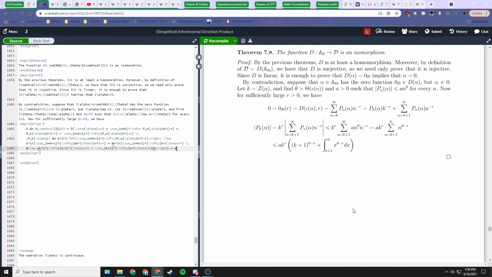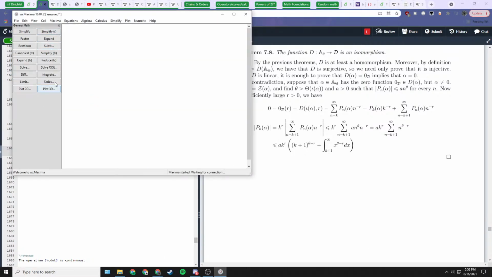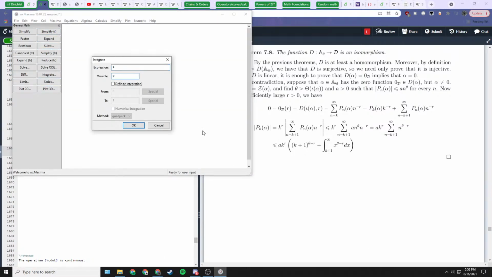So we still have a k power r times k plus 1 power theta minus r, and then we have this integral. So we're going to work this integral out. And actually, I'm just going to make life really easy on myself and do it on the computer.